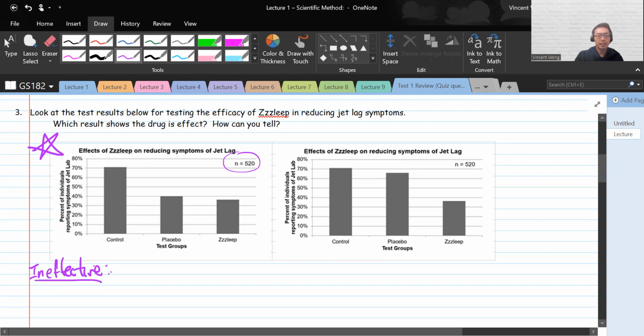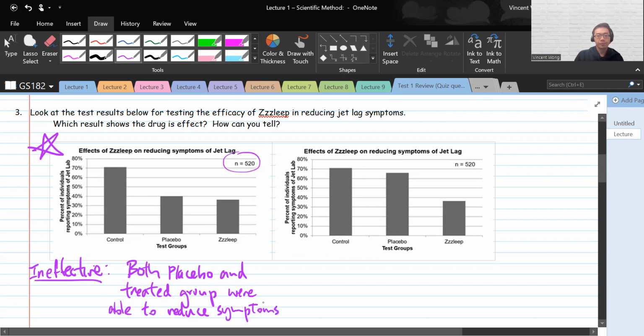The drug is ineffective because both placebo and treated group, as in the actual drug, okay? Both placebo and the treated group were able to reduce symptoms, right?